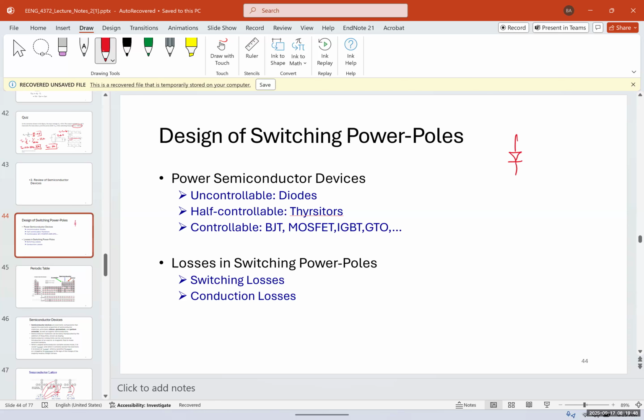We have half controllable, or thyristors, which we usually show like this. And we have controllable, which are transistors: BJT, bipolar junction transistor, metal oxide MOSFET, IGBT, GTOs, and so on. And then we will study the losses in a switching power pole, the switching losses, and also the conduction losses.